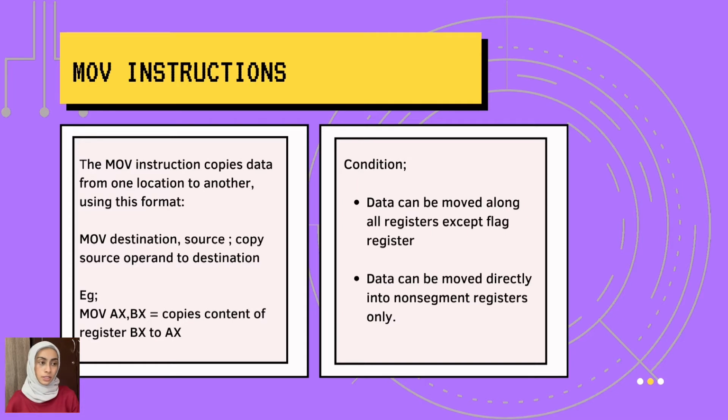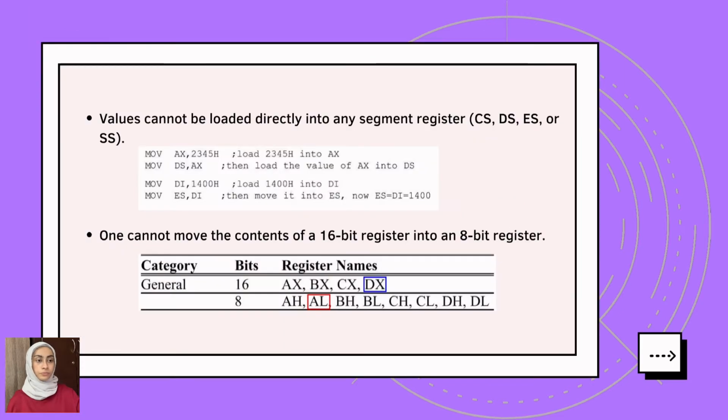The first one is that data can be moved among all registers except the flag register. The second one, data can be moved directly into non-segment registers only. The third one, values cannot be loaded directly into any segment register such as CS, DS, ES or SS, which means we have to insert the values into a non-segment register first, and only then can we move it from the non-segment register to the segment register.